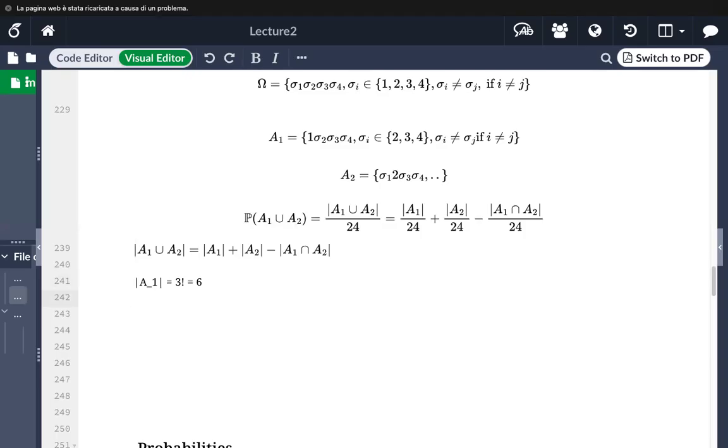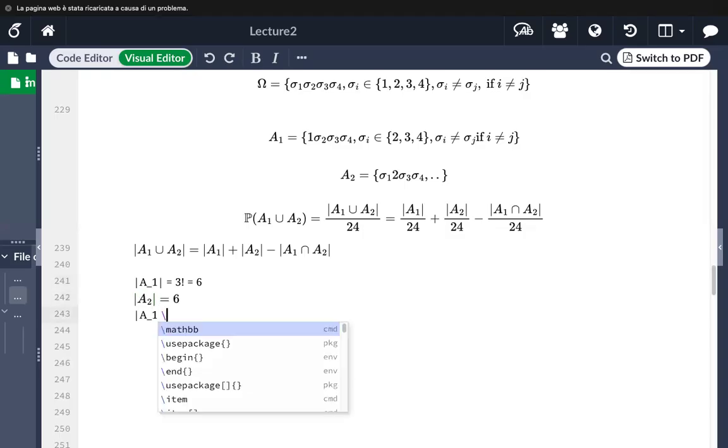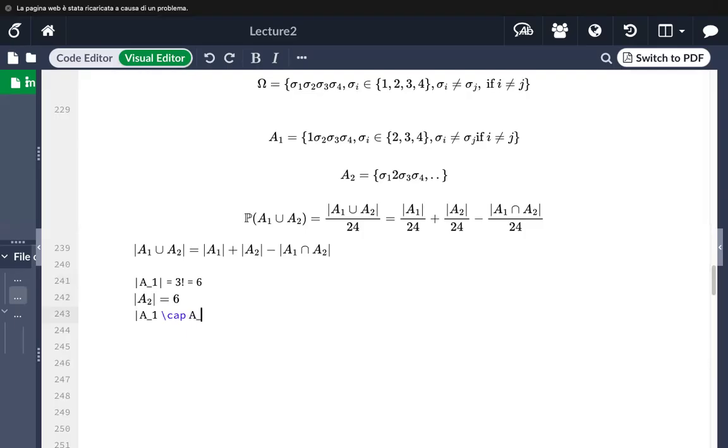Then A2, by symmetry, also has 6 elements. And A1 intersected with A2 has, I guess, 2 elements.